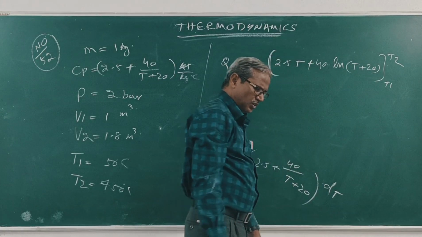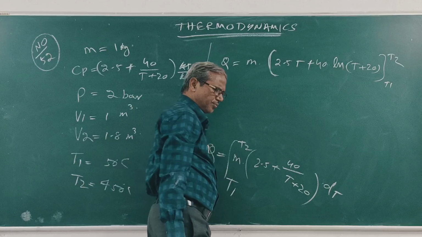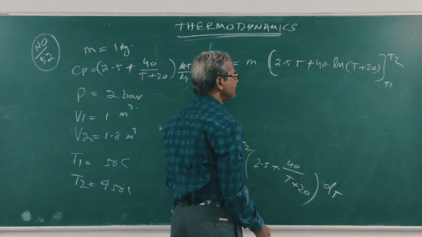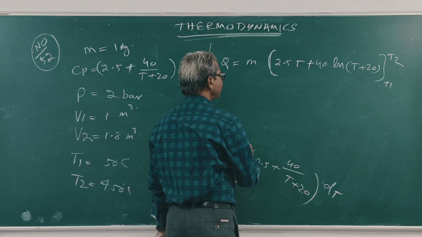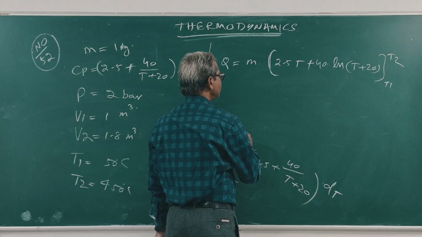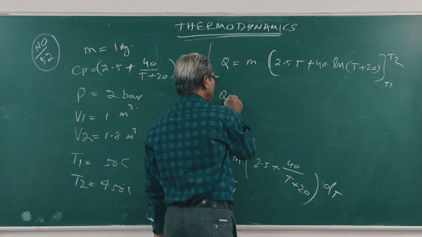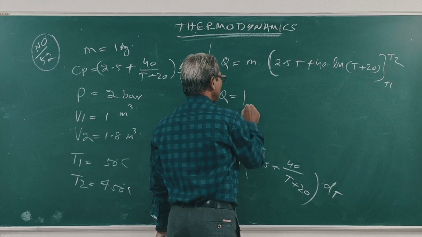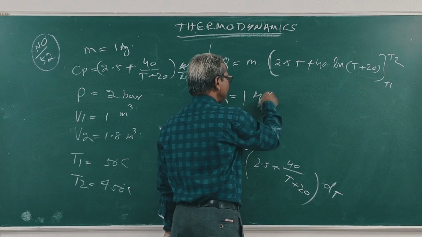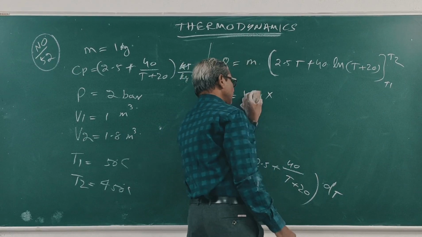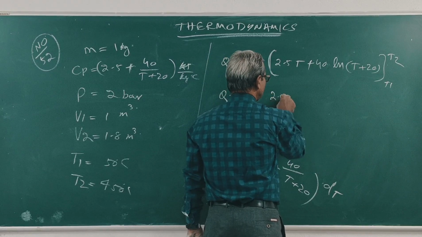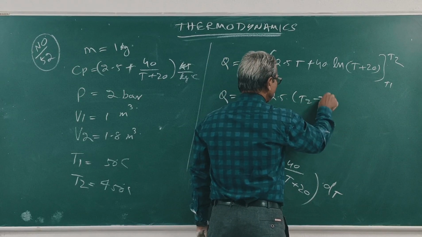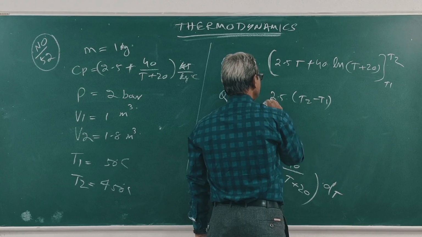Right? So this is Q is equal to M, 1 kg, 2.5 into (T2 minus T1), clear?